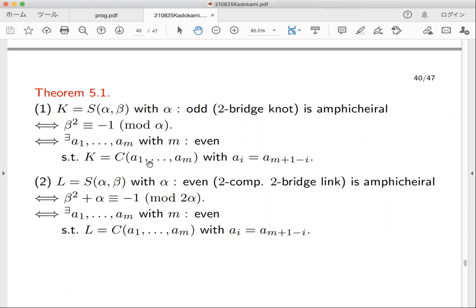For example, C(2,2) is the figure-8 knot, and the C(3,3) case is a two-component link.